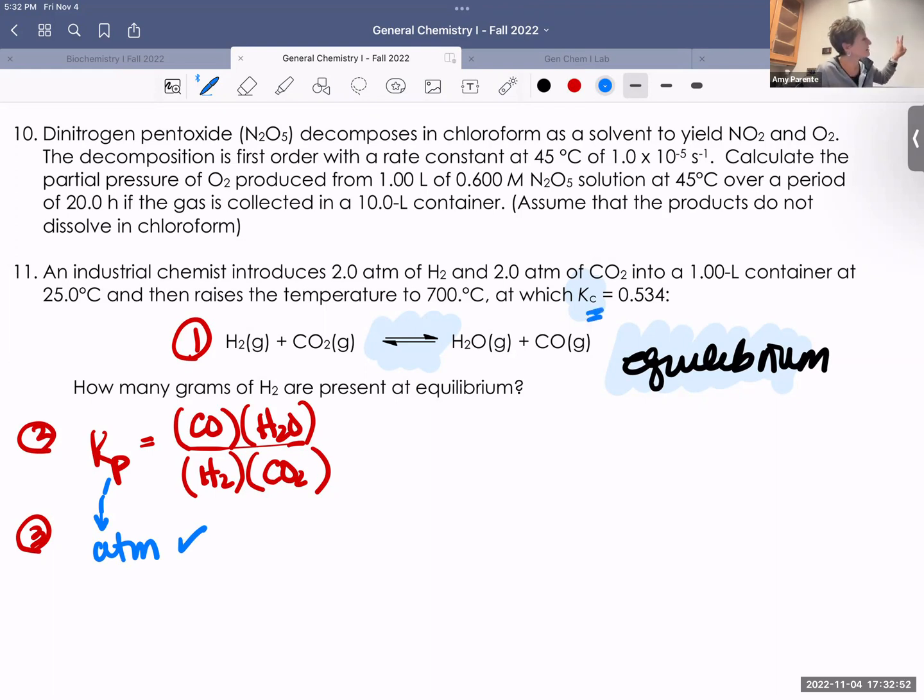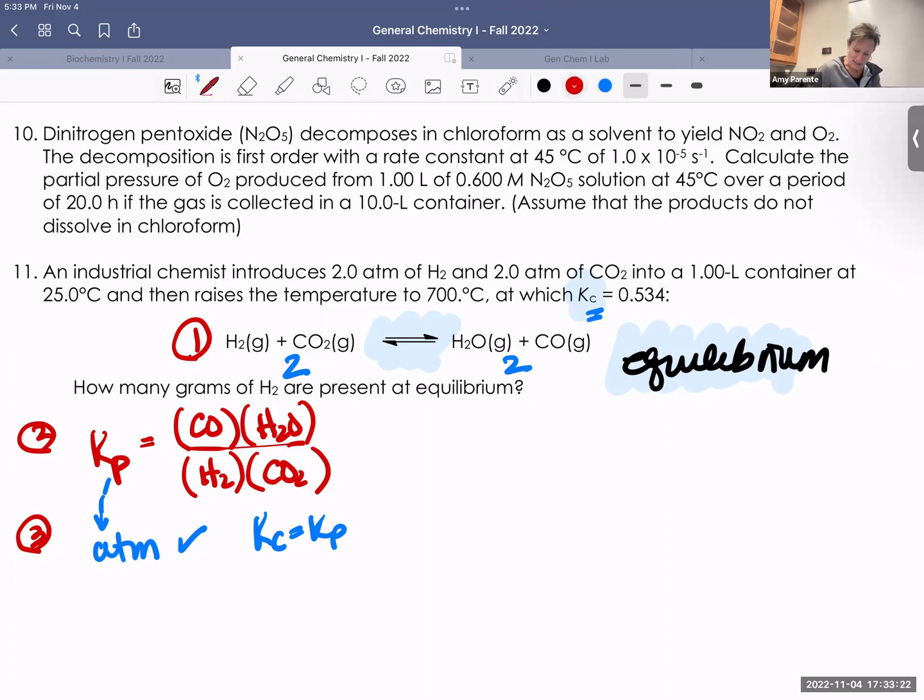How many moles of gas are on the reactant side? 2. How many moles are on the product side? 2. So delta N is 0. So when delta N is 0, Kc equals Kp. So you didn't need to worry about doing anything with that. Even though it gave us Kc, Kp and Kc are equal because delta N is equal to 0.